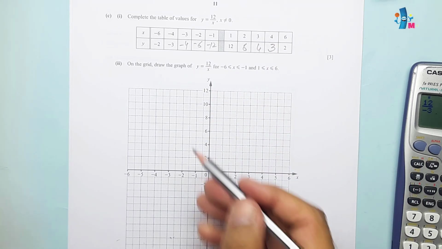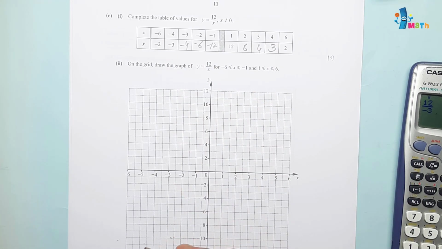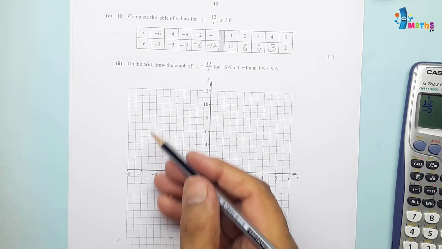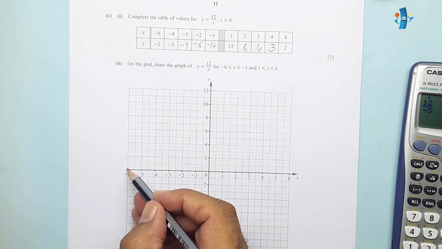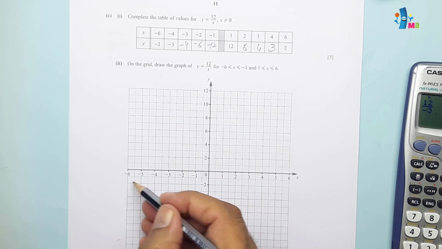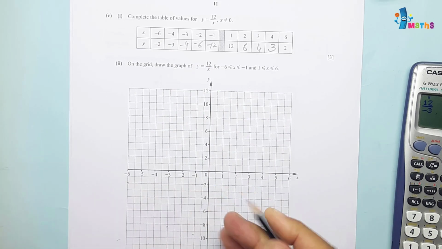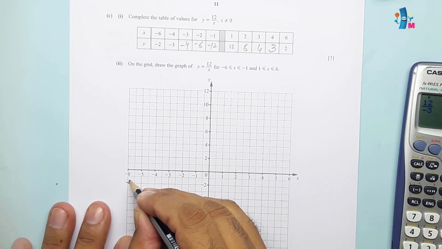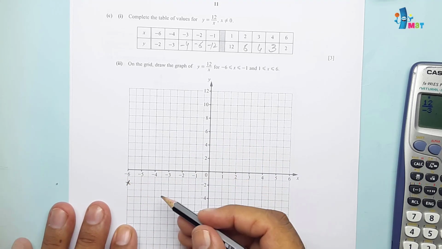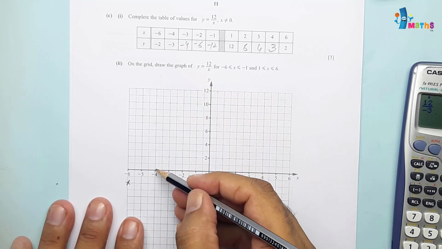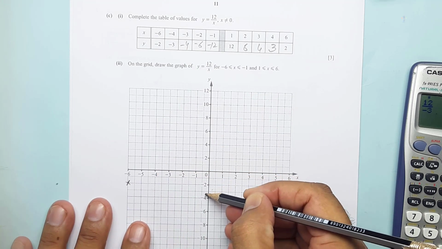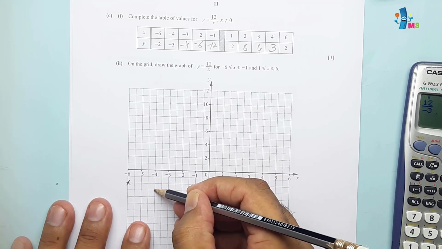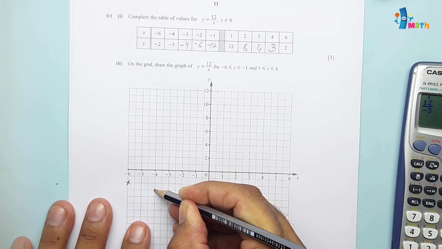Now we have to plot these values, and for plotting these values we will be taking minus 6 and minus 2 will be this one. So I'll put a cross over here. Next will be minus 4 and minus 3, this one.